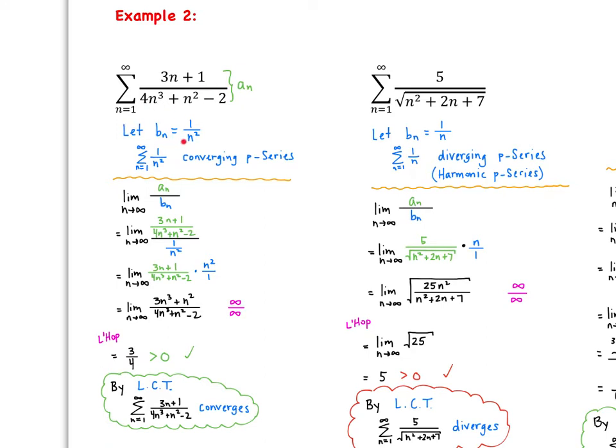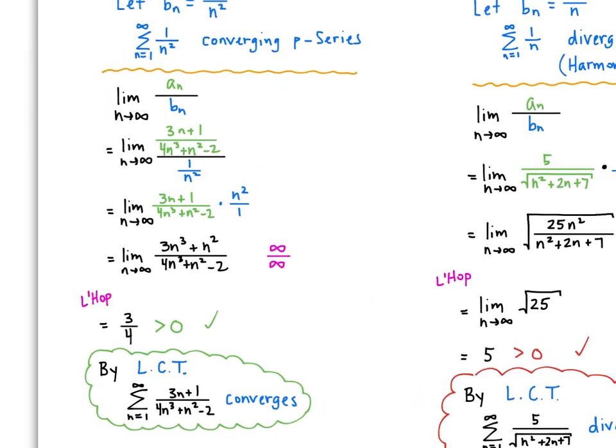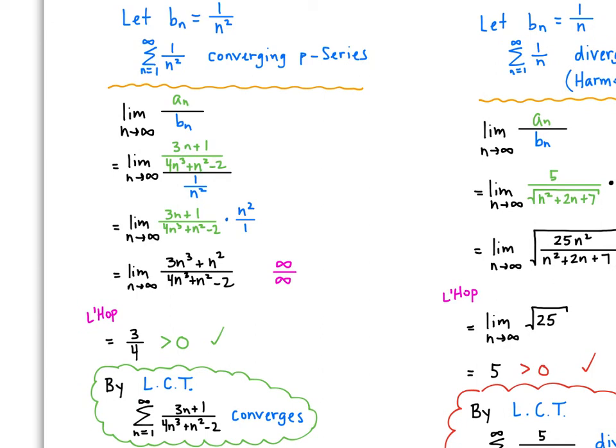If we let b sub n be 1 over n squared, then this series is a converging p-series where p is equal to 2. Now we're going to set up the limit comparison test. Again, we're going to take the limit as n goes to infinity of a sub n over b sub n. So a sub n was 3n plus 1 over 4n cubed plus n squared minus 2, and b sub n is 1 over n squared.